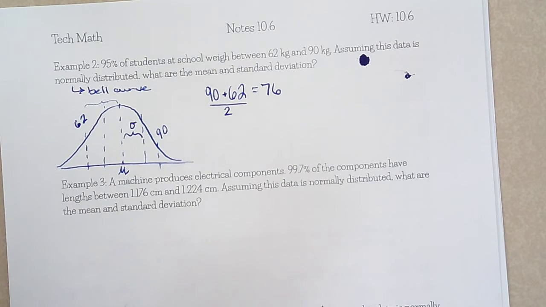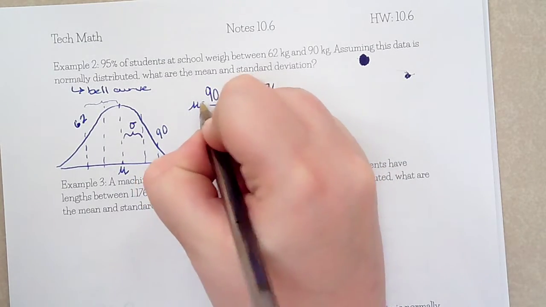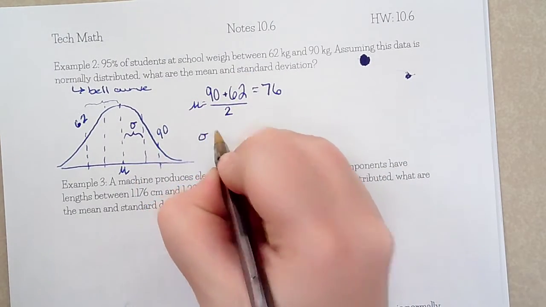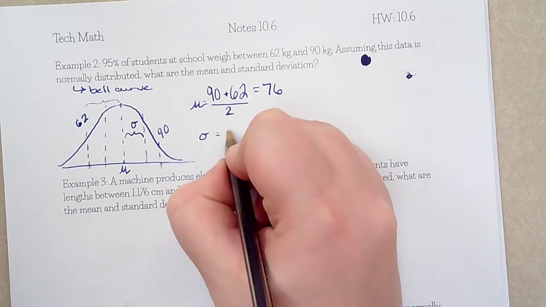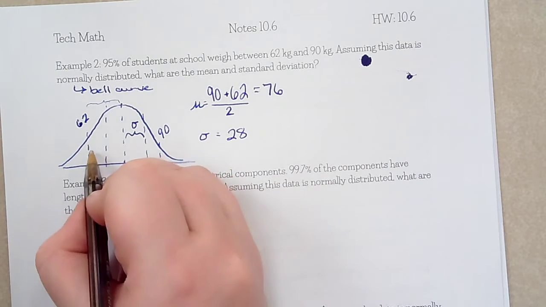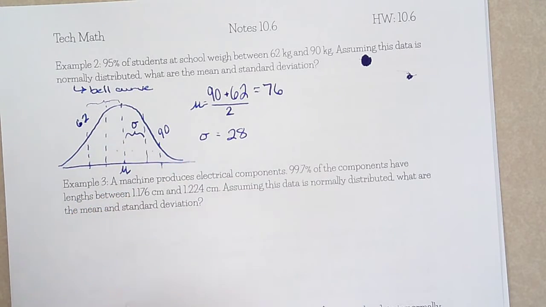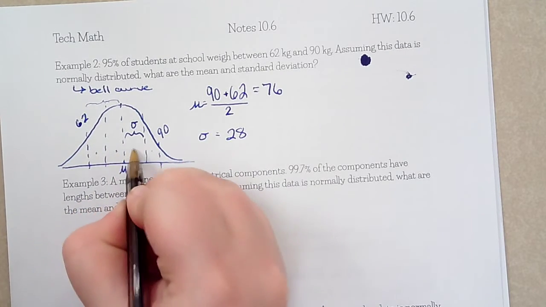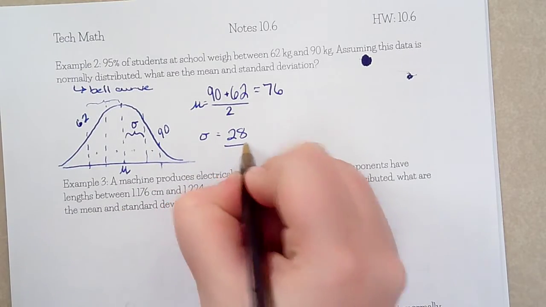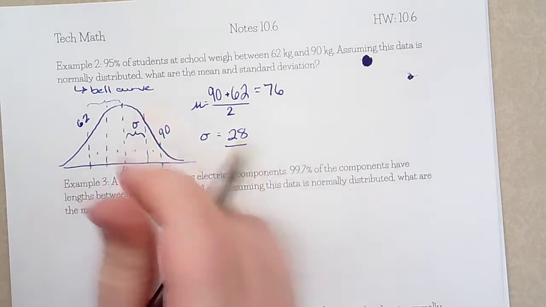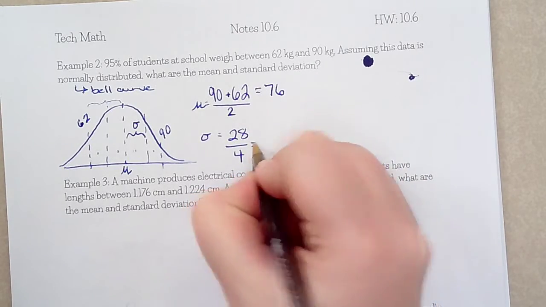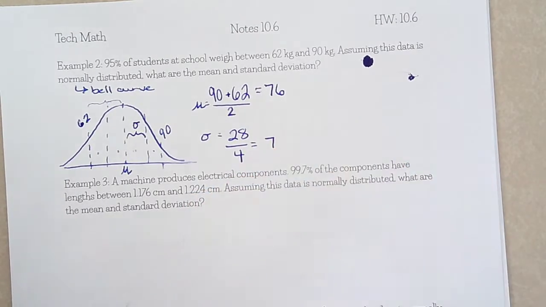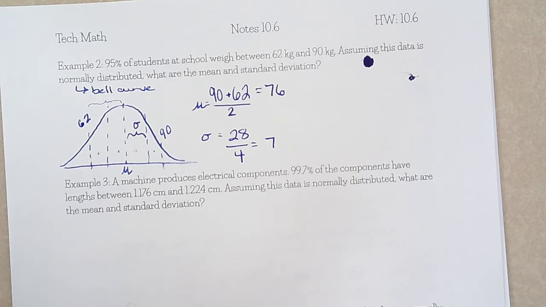So now how do we find the sigma? How do we find a standard deviation? Well, we just found out that between 62 and 90, there's 28 units. And we want to find what each one of these 4 chunks ends up being. If I divide the 28 that's in between 62 and 90, there's 4 chunks total, making each chunk worth about 7.